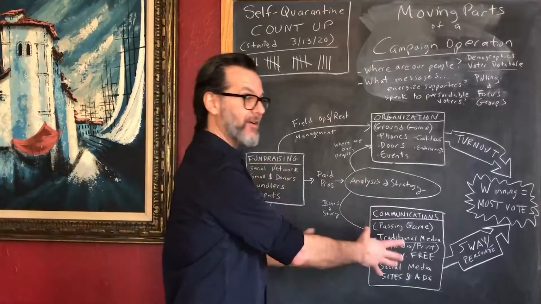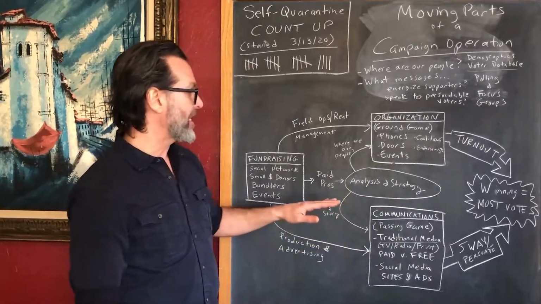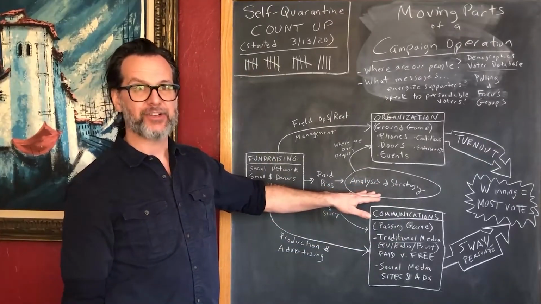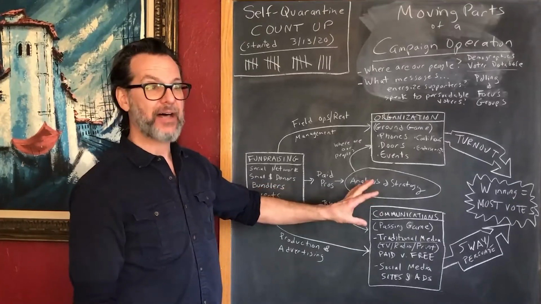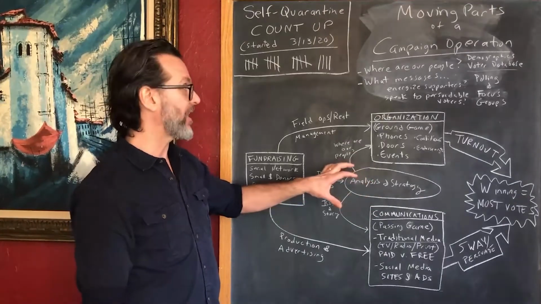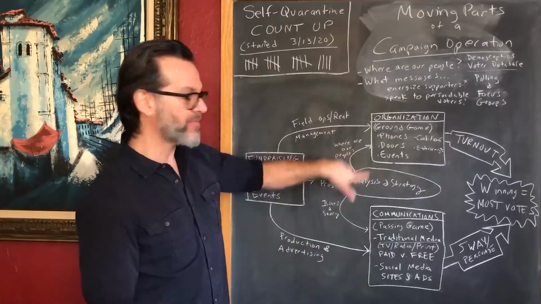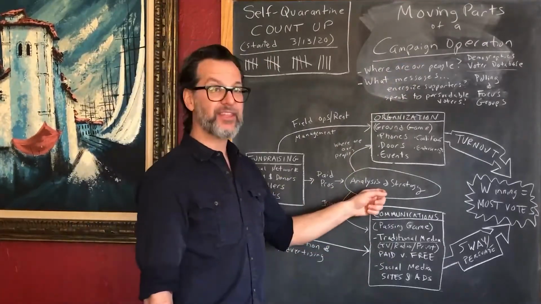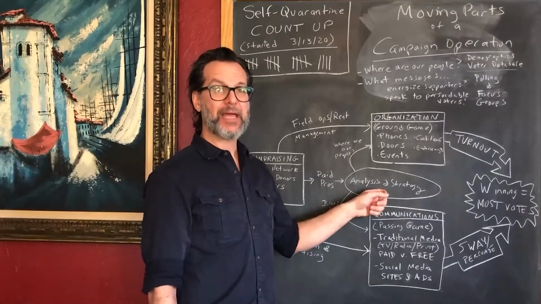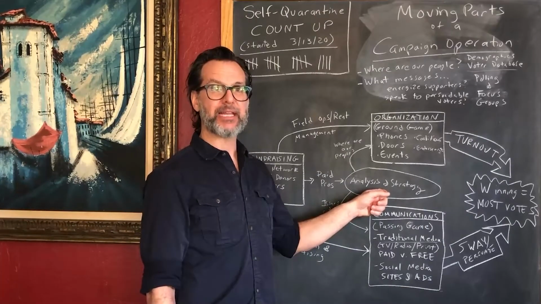Here, it's the heart of the diagram, it's also at the heart of the campaign, and that's your analysis and your strategy. And I'm going to talk an awful lot about that today for the rest of the class, and I actually have a breakout up here, but it connects to, obviously you see arrows pointing in both these ways, but this is really where a campaign's success and failure is made.